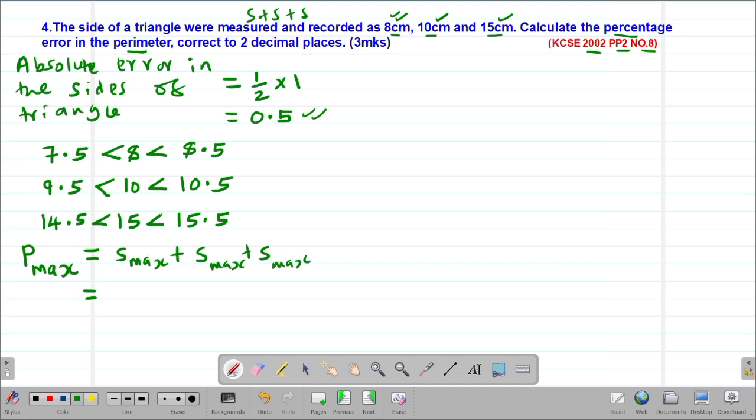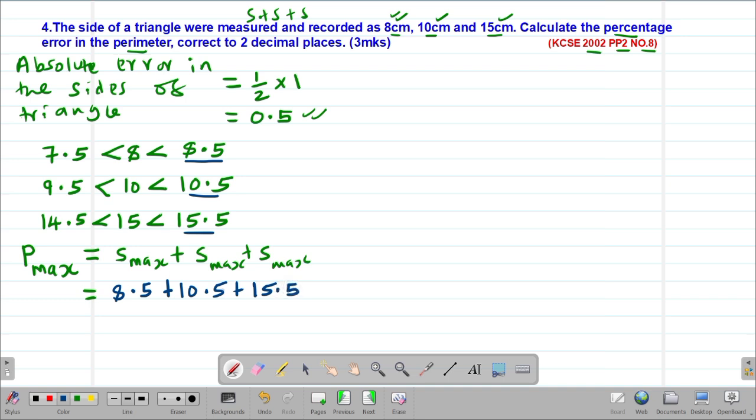So the first maximum side, I'll pick 8.5, which is the maximum of the side which was 8 cm. Then the maximum of the second side is 10.5, so plus 10.5. Then the third maximum side will be 15.5.